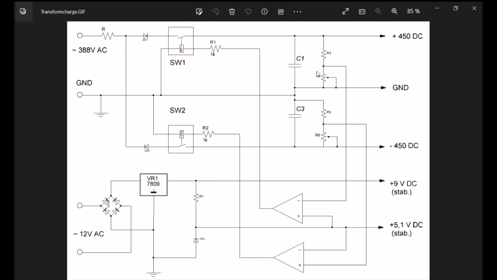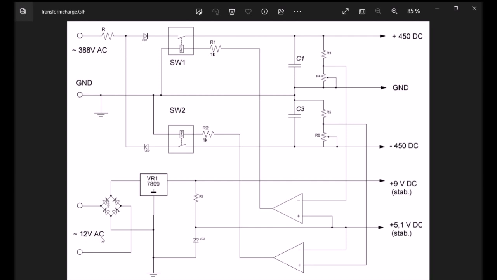Voltage of them is monitored through these dividers with trimmers, so it may be trimmed, and the control voltage is fed to the input of the operational amplifiers. It may be LM158 or LM324 or another common operational amplifier.